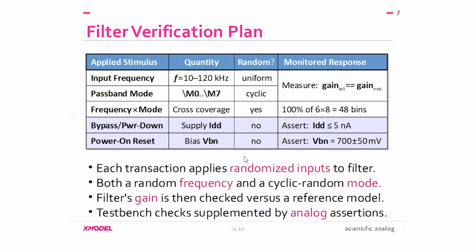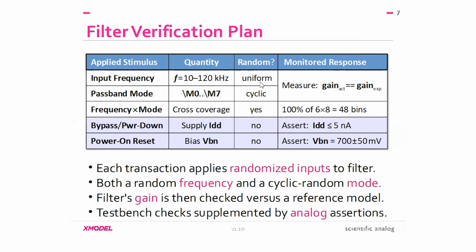Here's our simple verification plan to verify the programmable bandpass filter. The white rows correspond to normal filtering operation, and the blue shaded rows correspond to bypass power down mode. We'll use constrained random verification techniques to apply random frequencies in this design range to the DUT.